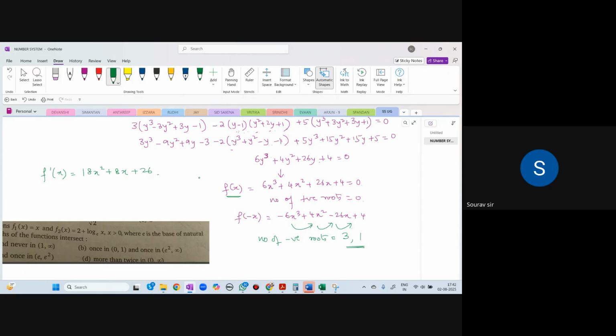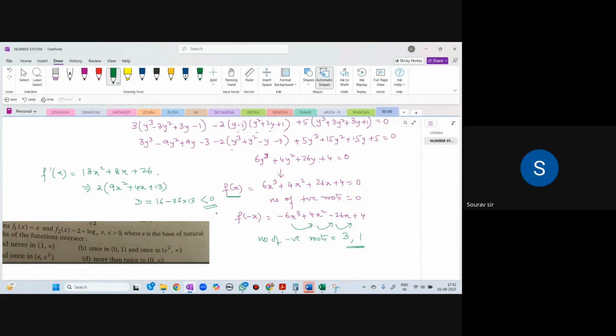Okay. So you can reduce it by dividing by 2. So this is in effect 2 into 9x squared plus 4x plus 13. So what is the discriminant of this? 16 minus 36 into 13, which is negative.